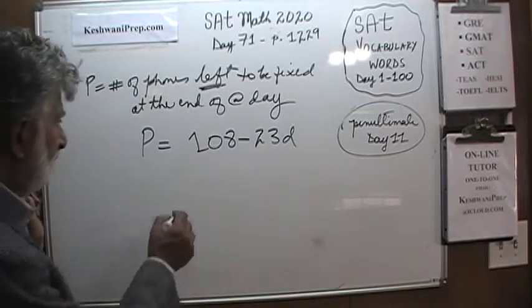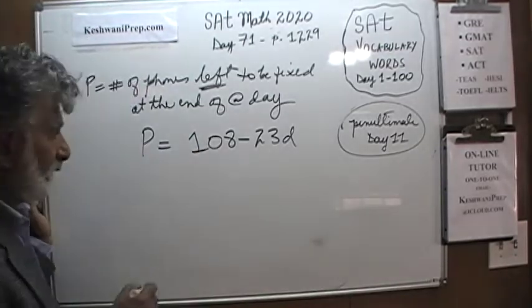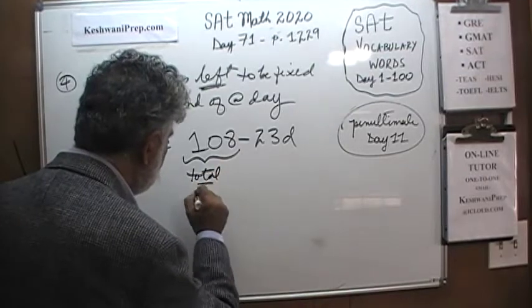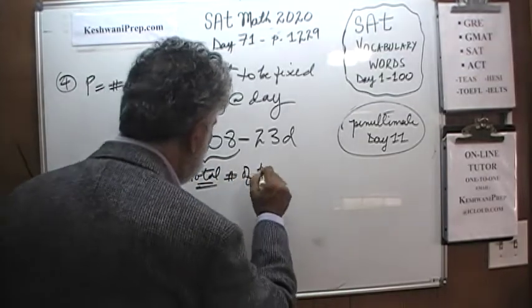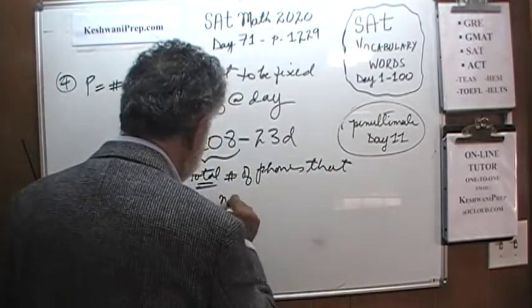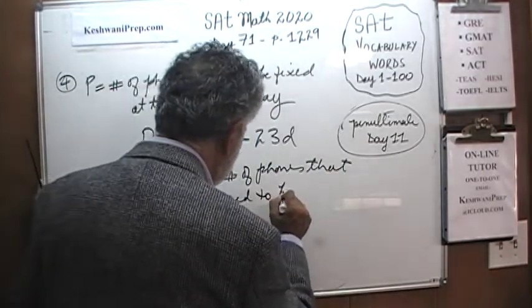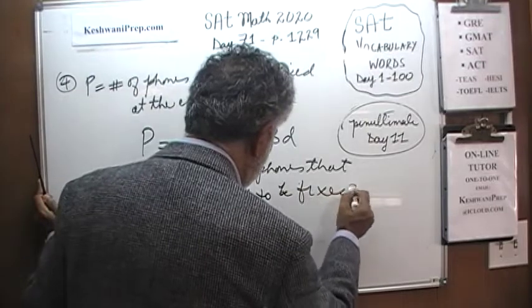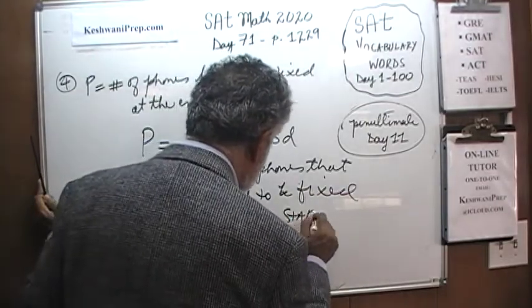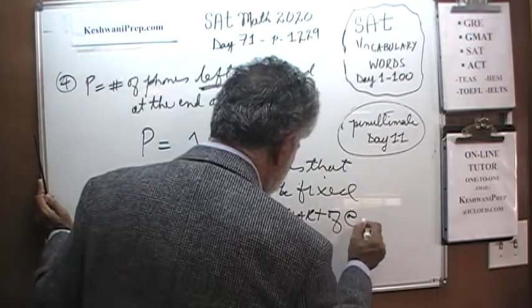The 108 here, which is the intercept, it simply tells us the total number of phones that need to be fixed at the start of each week.